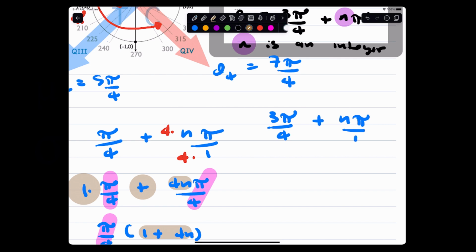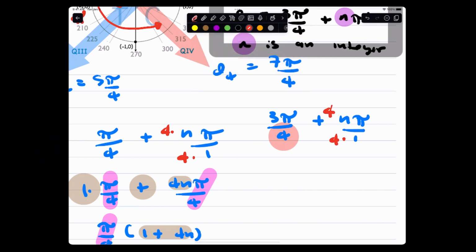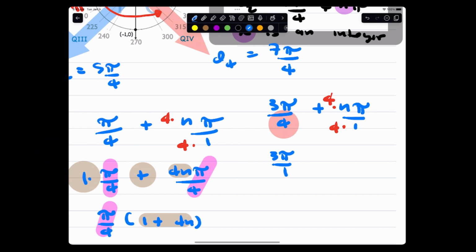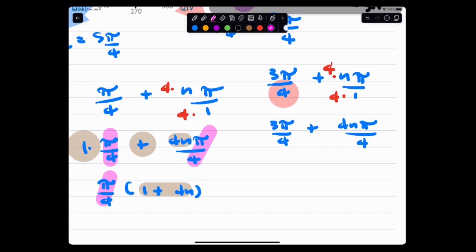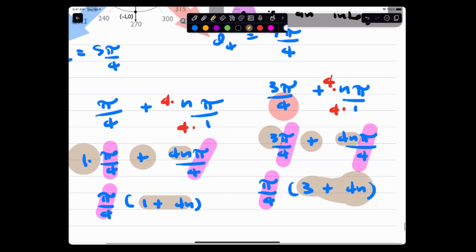We're going to start by doing the arithmetic: multiply the top by 4 and the bottom by 4. Okay, so pi over 4, 3 plus 4n.